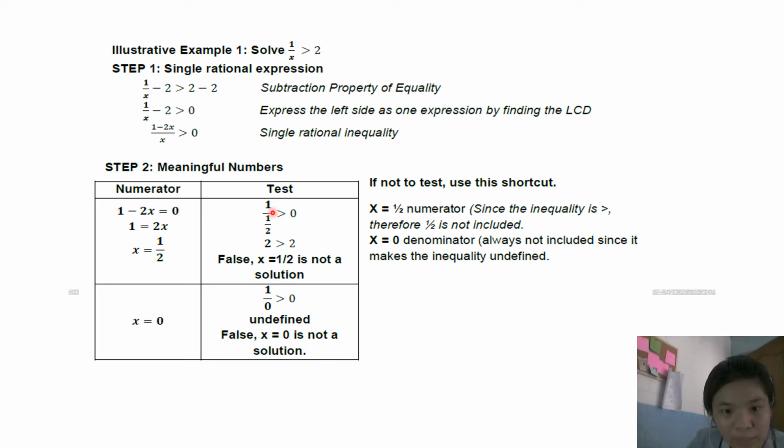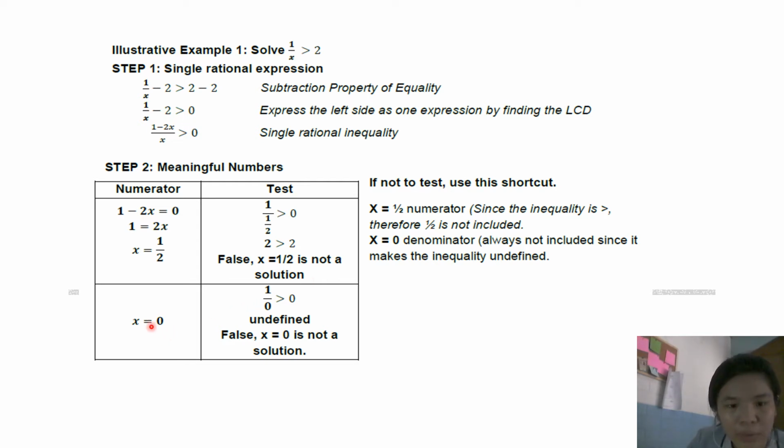Therefore, that is 1 over 1/2 na. We let the value of x be equal to 1/2. So, upon simplifying, 1 over 1/2 is equal to 2. And 2 is not greater than 2, right? Therefore, it is false. x is equal to 1/2 is not a solution.